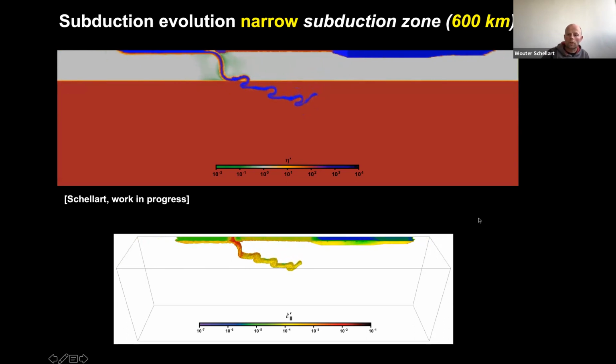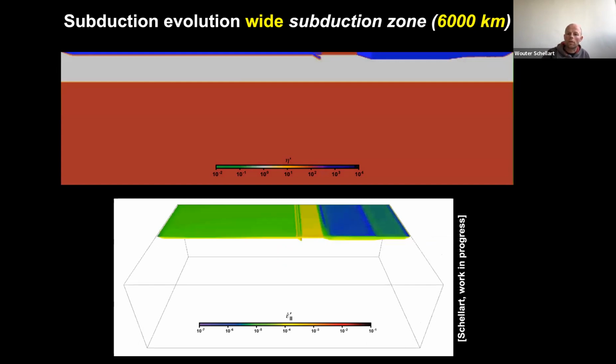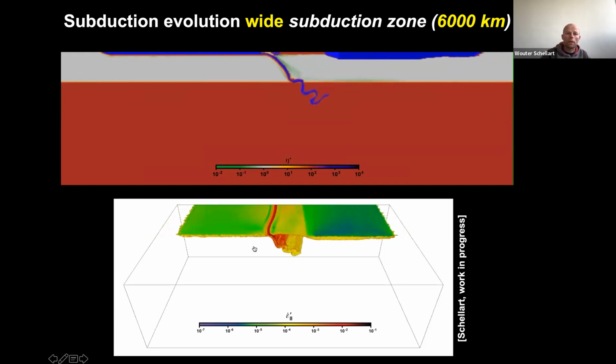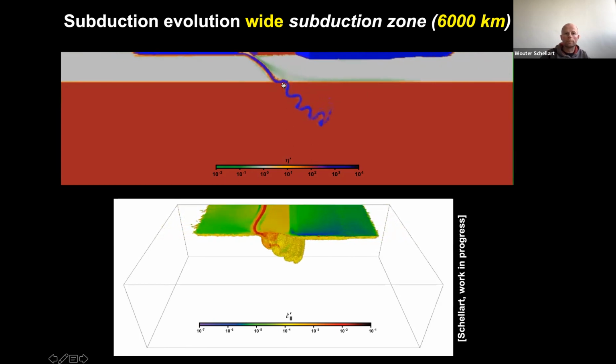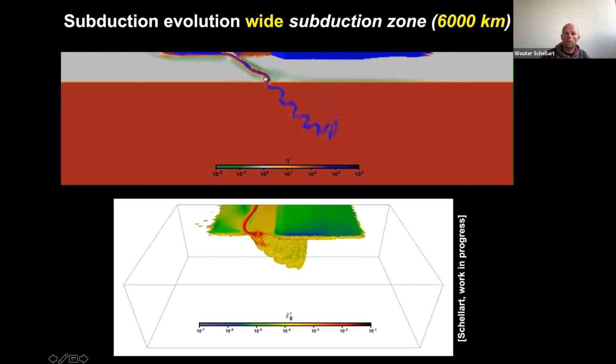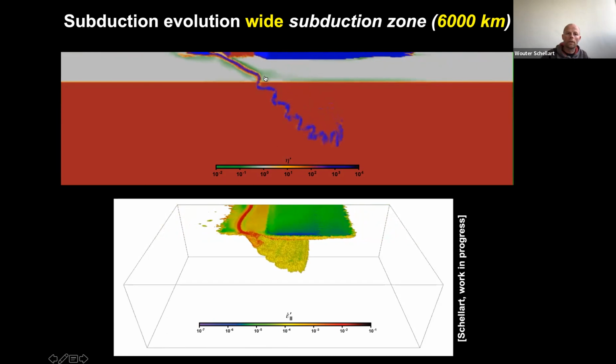Okay, so this is the narrow slab subduction model. Let's have a look at the wide slab subduction model, so a bit more like the South America style subduction model. What do we see? Again, we see the subducting plate sinking into the mantle as it's negatively buoyant. We see that subduction here is accommodated quite differently from what we saw in the previous slide.